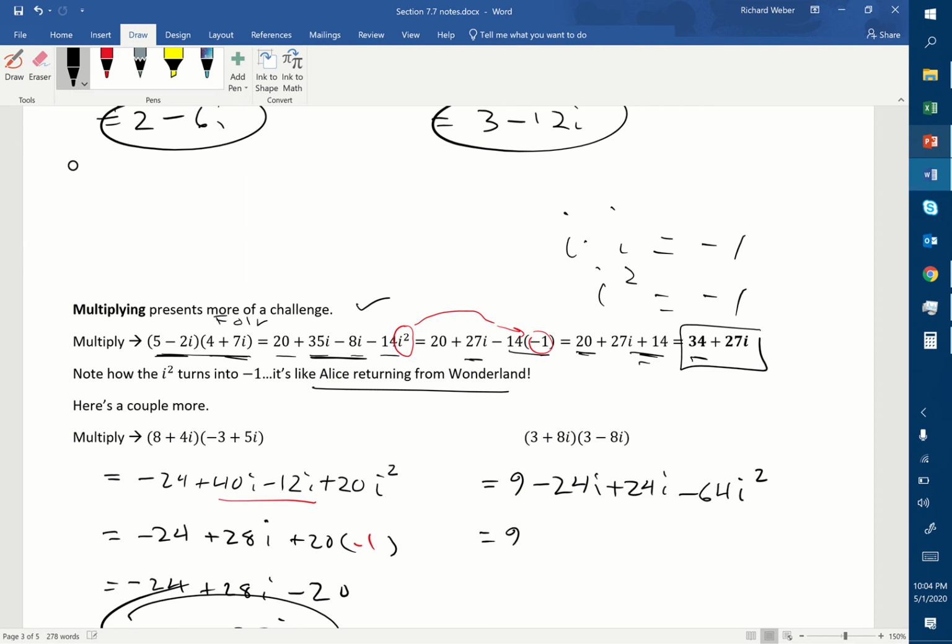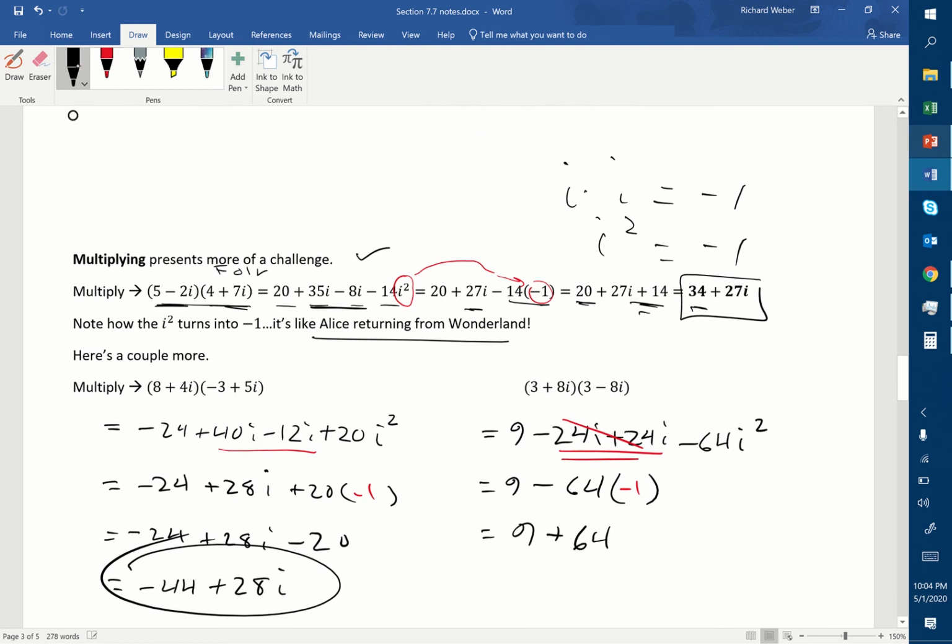So we get 9. What happens here? Cancel. The imaginary pieces went away. And then we have minus 64 times what? -1. So we're looking at 9 plus 64. Do you see any imaginary pieces here? I don't either. So what we're getting is 73.